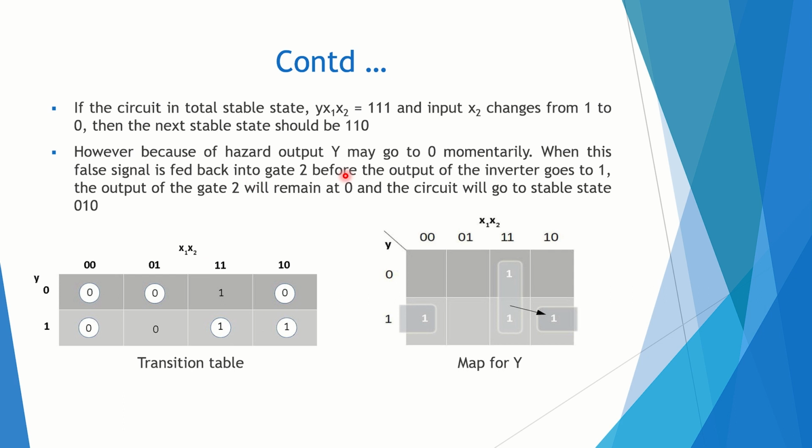However, because of the hazard output, this should remain at 1, but suppose there is a static 1 hazard. As we have seen earlier, the output may go to 0 momentarily when this false signal is fed back to the gate.